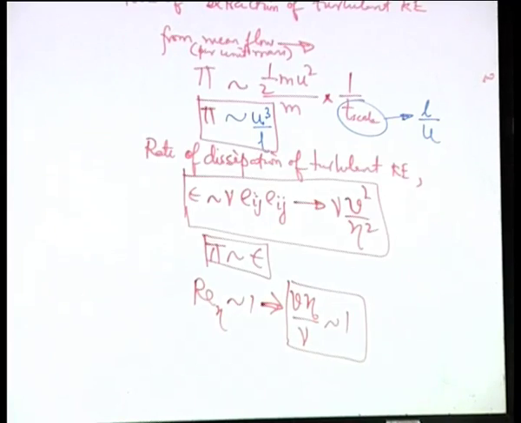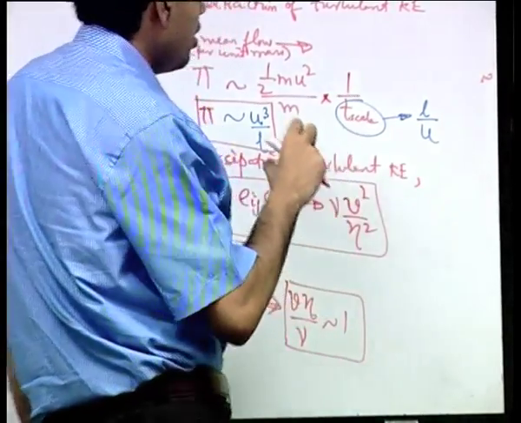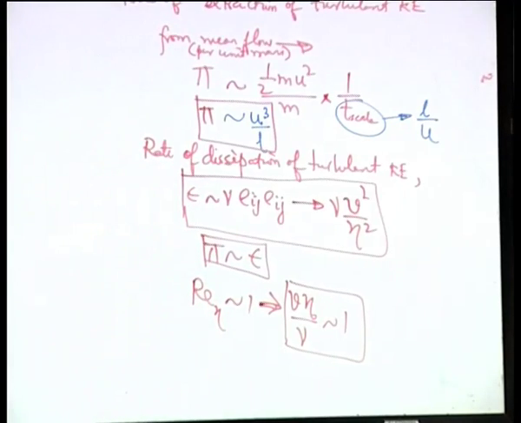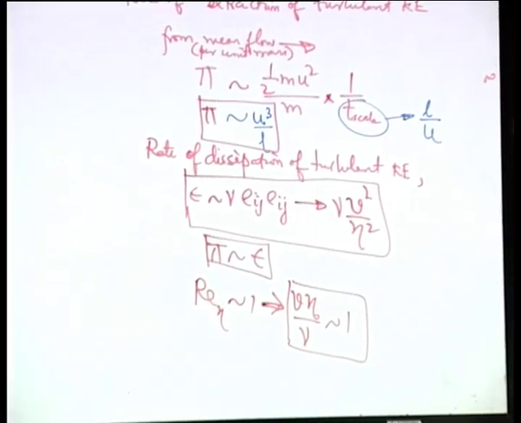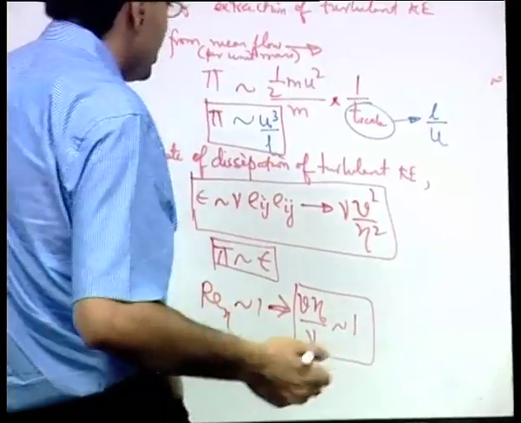So based on these, it is possible to relate what is the length scale of the system or the largest eddy with what is the length scale of the smallest eddy. So let us try to do that. It will just require some algebraic manipulation.